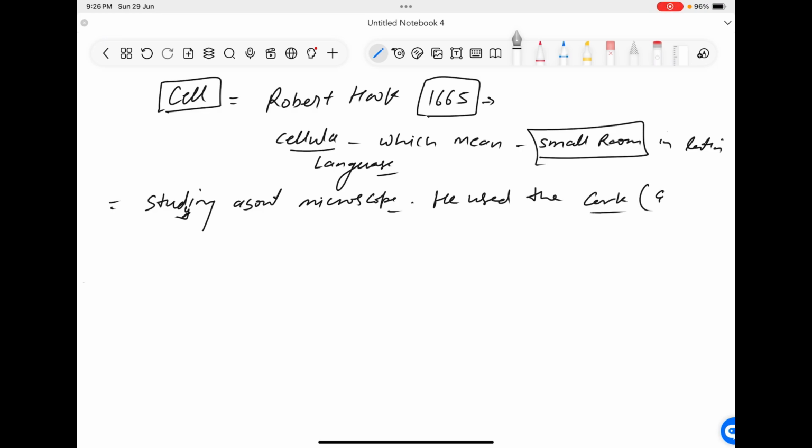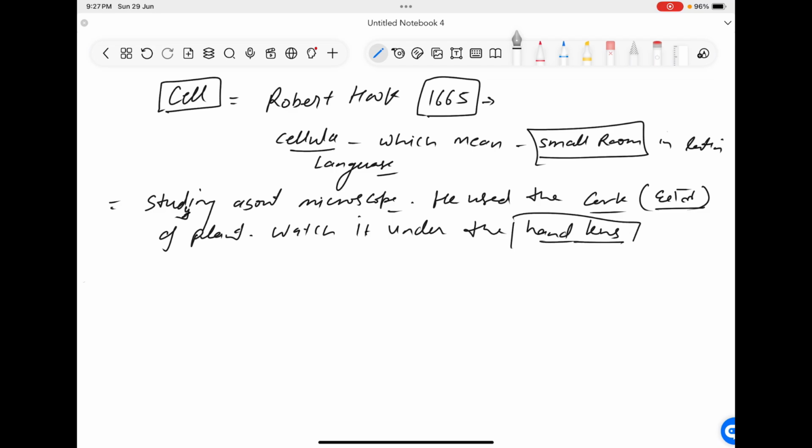This hand lens was made by him, and he saw small compartments like this. Small compartments are present on the cork, and when he saw them, he called them cellula, or small room.